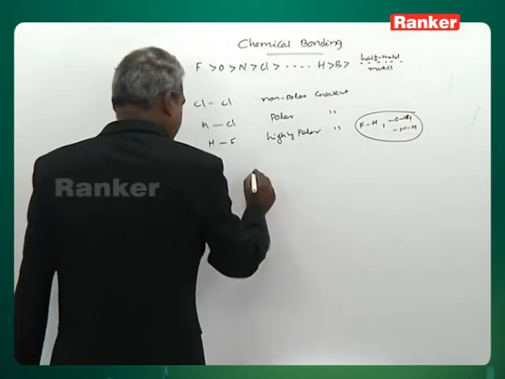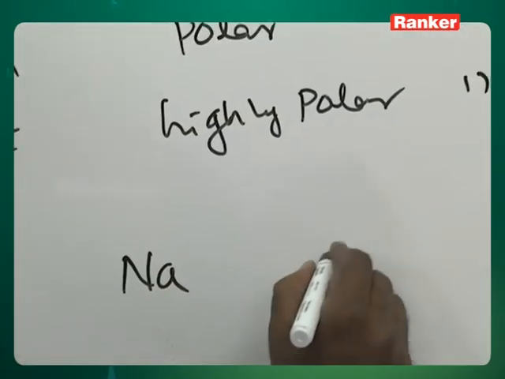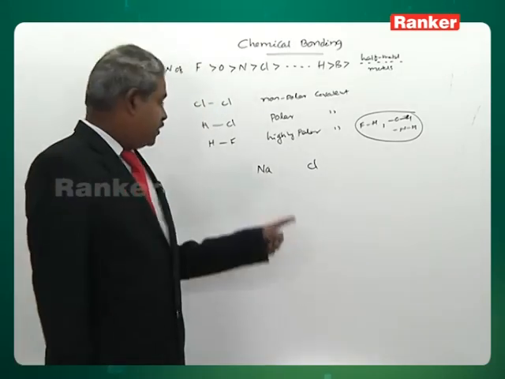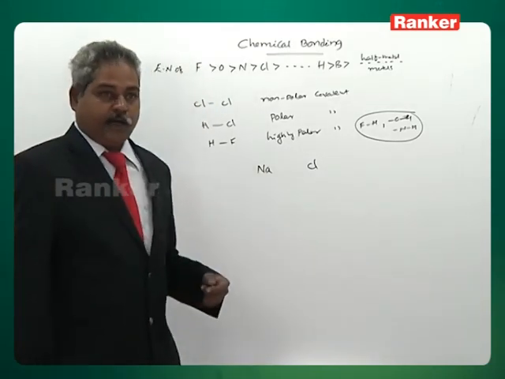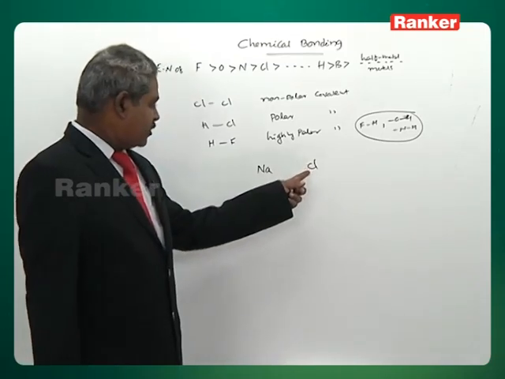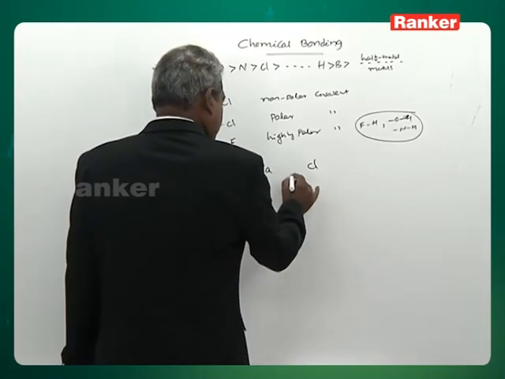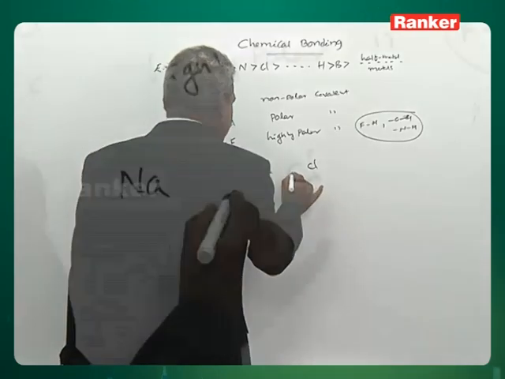Now, NaCl is an interesting case in point. The valence electron of sodium, 3s1 if you remember, and the valence unpaired electron of chlorine, 3pz1. These two electrons are almost always around this chlorine.